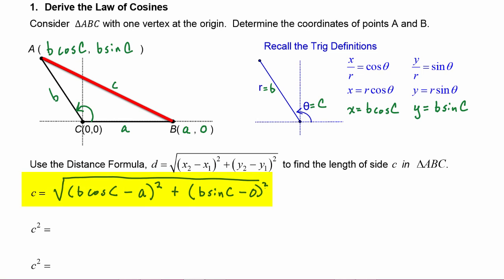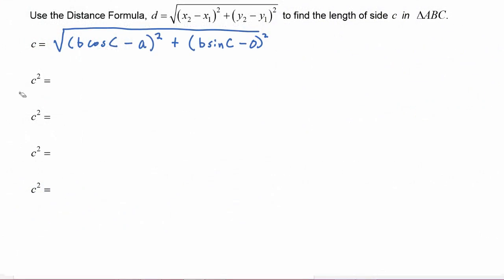Now let's simplify this equation. Notice in the second step, I have c squared, so that will remove the radical. Let's take this binomial and square it.